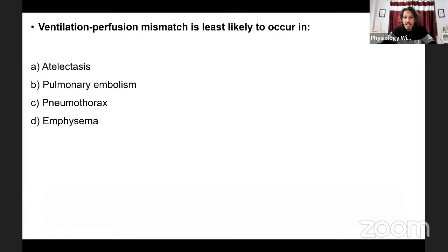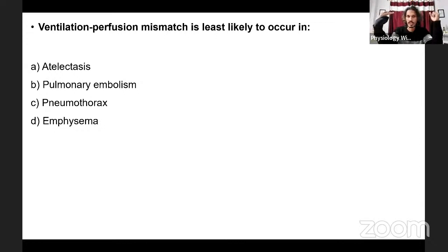There are 2 components here, ventilation and perfusion. So if anything affects either the perfusion or the ventilation, it can result in a ventilation perfusion mismatch. We were talking about how, because of the size of alveoli, intrapleural pressure, all that, there is a limit to how much ventilation can happen.